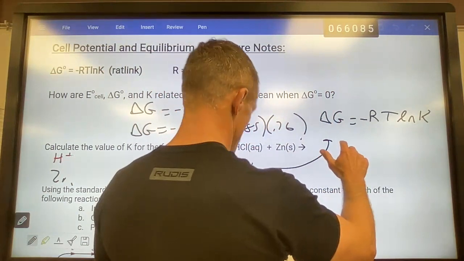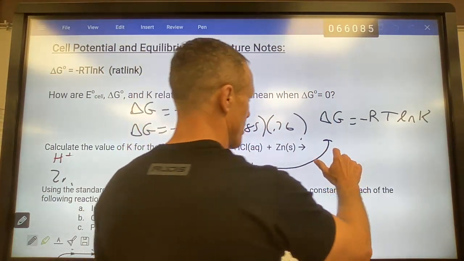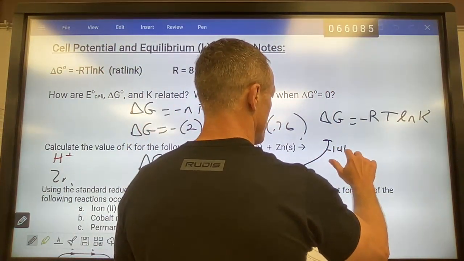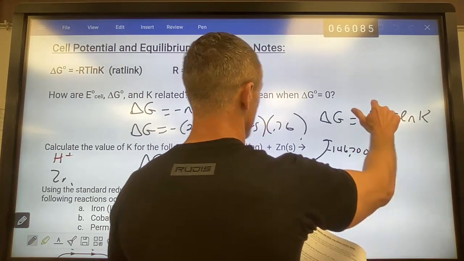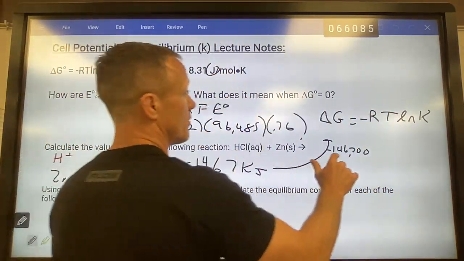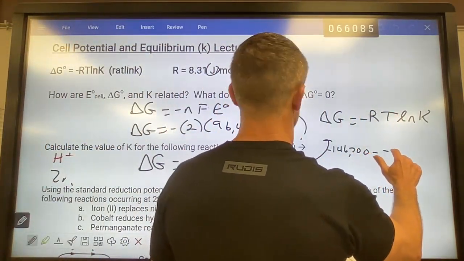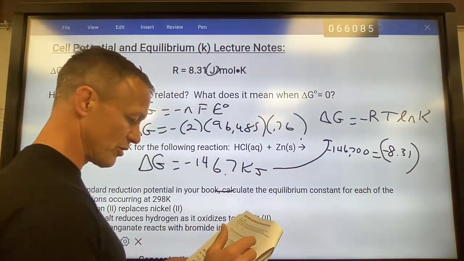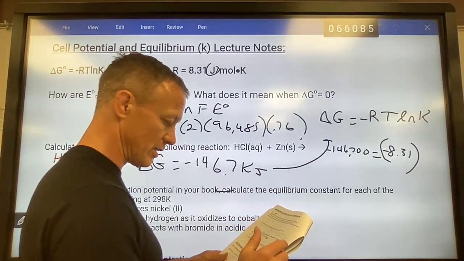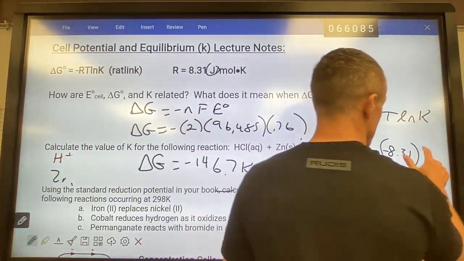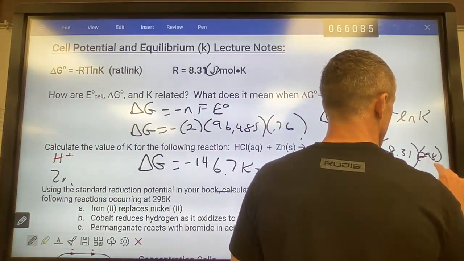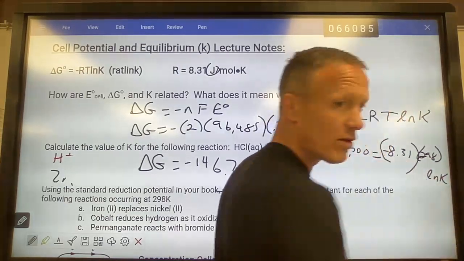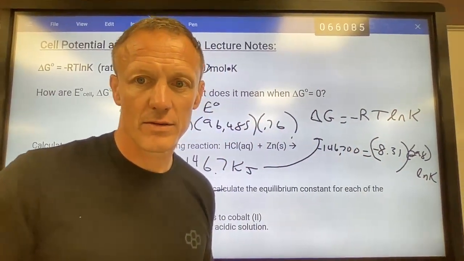So we can put negative 146,700, because our R value is in joules, equals negative 8.31 times our temperature in Kelvin, which is 298, times the natural log of K.